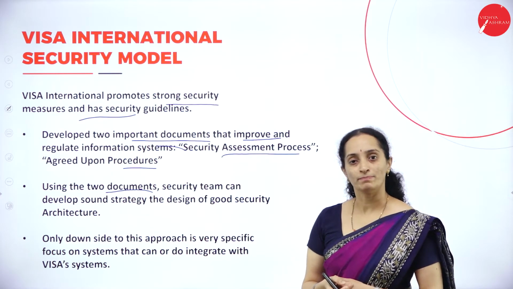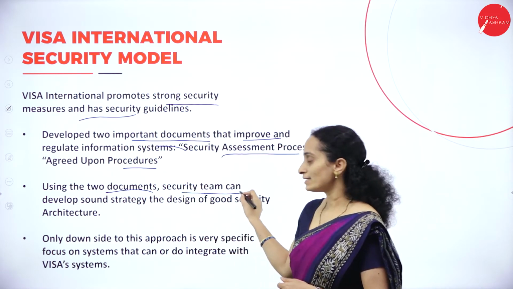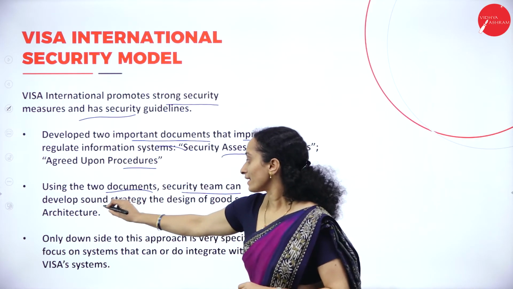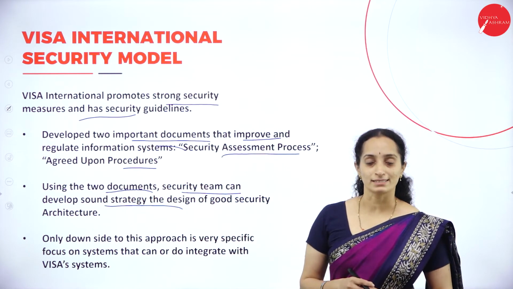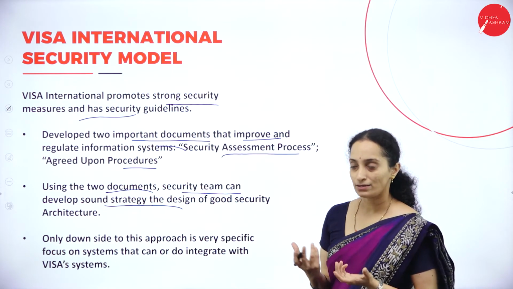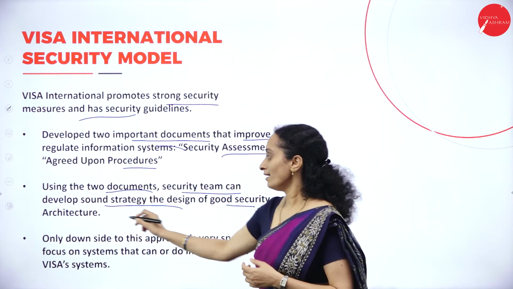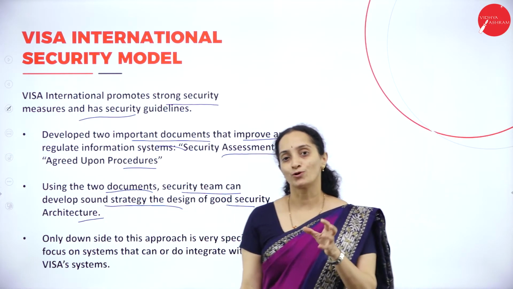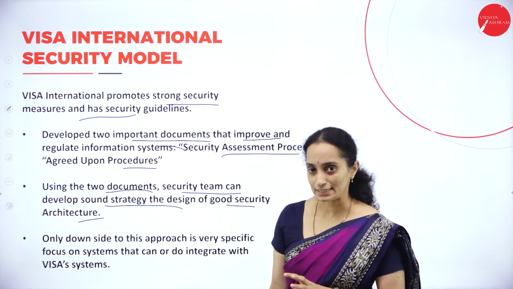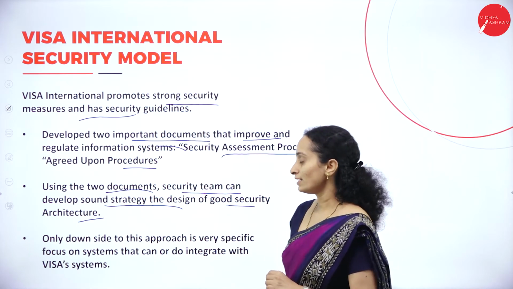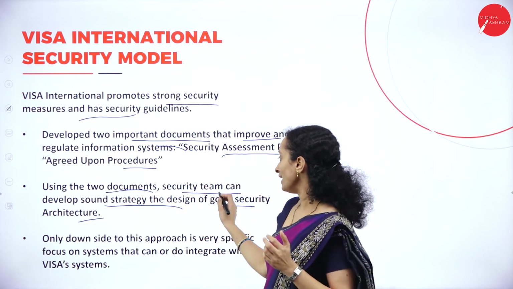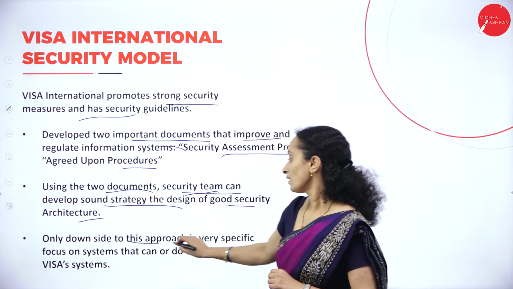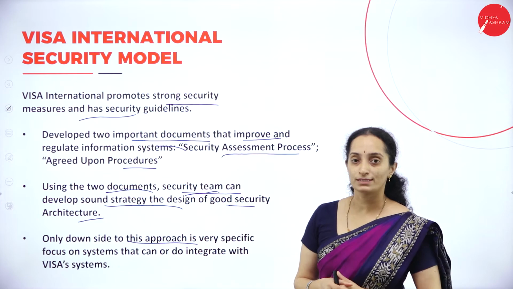By using these documents, you can have a security team in your organization. They can develop a sound strategy or plan to secure the data with a good security architecture. You can have a good security system in your organization, built by a security team. What are the disadvantages of these models?